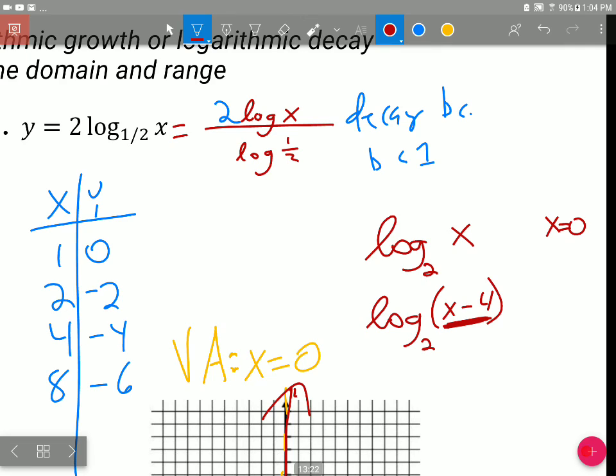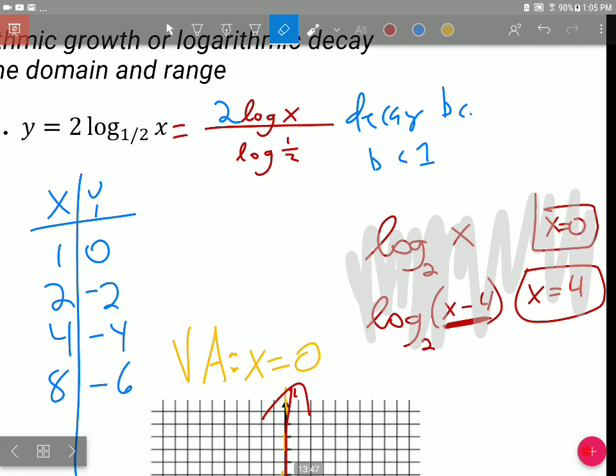It just shifts it to the right. How far? 4 units. So your vertical asymptote would no longer be at x equals 0. It would be at x equals 4. So when we start putting vertical shifts and horizontal shifts, that's when those asymptotes move. But if there's none of those, it is at 0 every single time. Cool? But that's a great question.